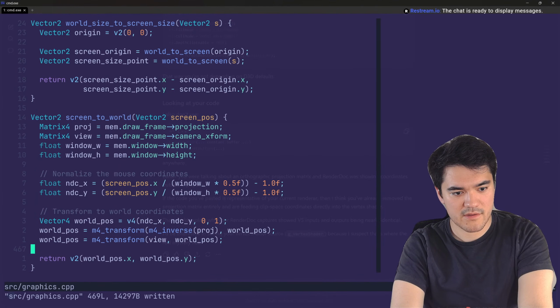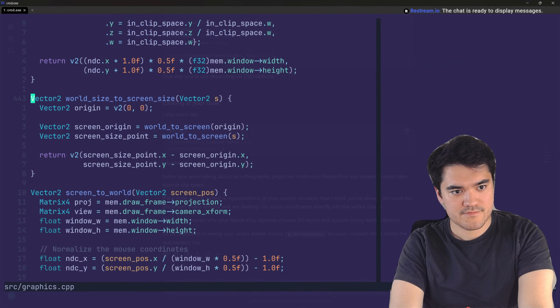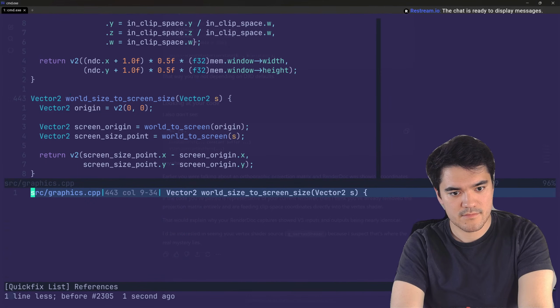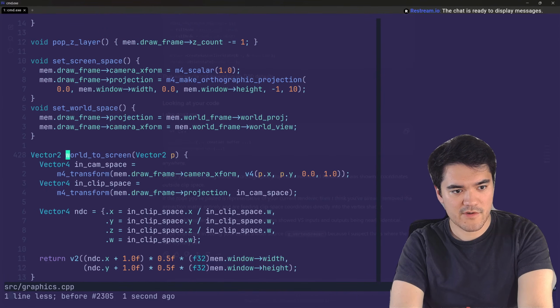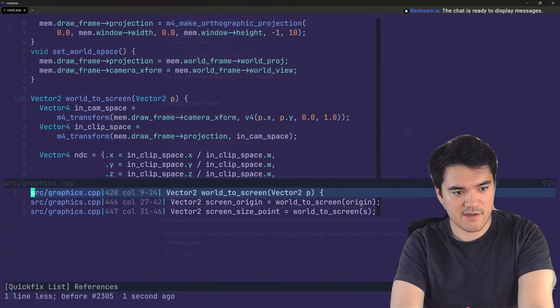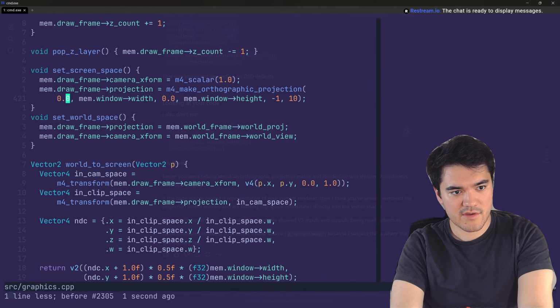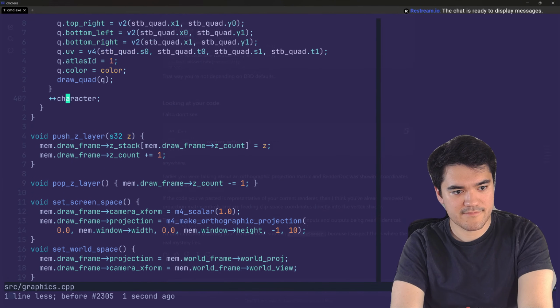I don't want to log that actually. All these helper functions, I kind of want to get rid of because they make me mad, but I'll leave them for now.